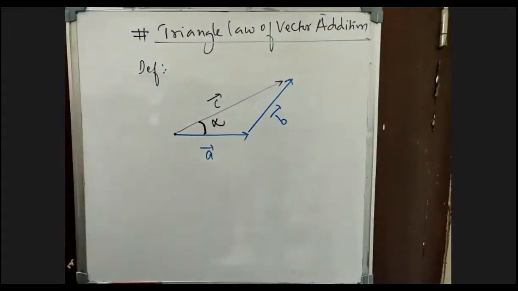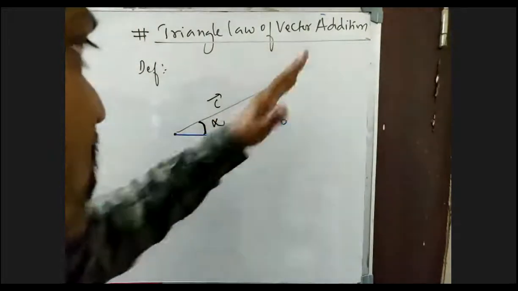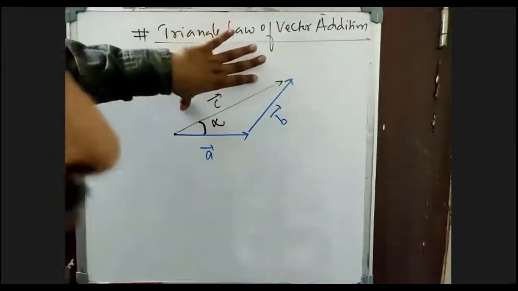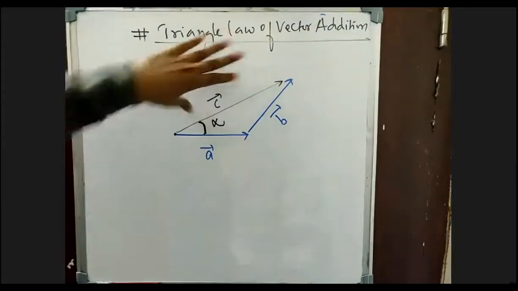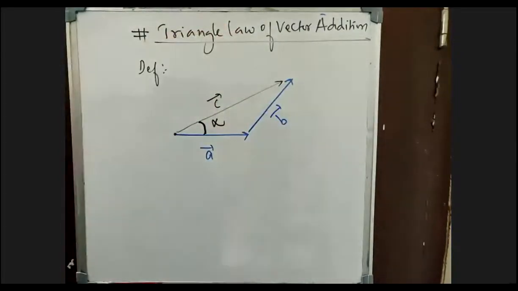Now see, two vectors are taken in the same order. The closing vector of the triangle, taken in the reverse order, will give me the resultant. That is the basic definition of the triangle law of vector addition.